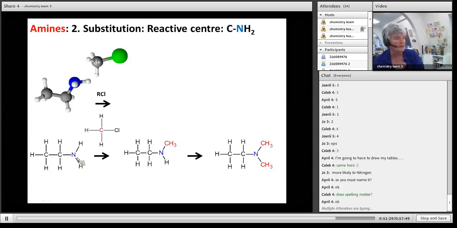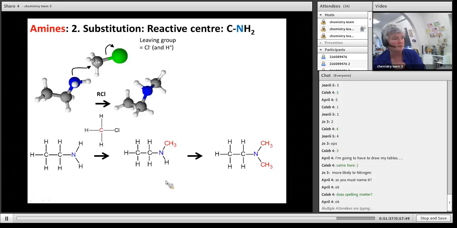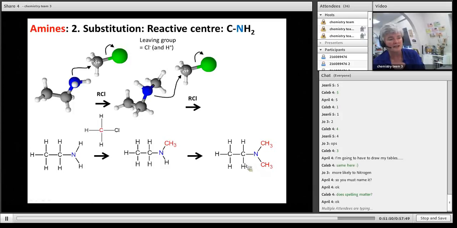So here's my primary amine reacting with the haloalkane to give me a secondary amine. Okay, so I'm trying to show what's happening there. The leaving group leaves, and so I form my secondary amine, and it can continue reacting with some more haloalkane, and I can get a tertiary amine. Okay, and then the reaction would stop.